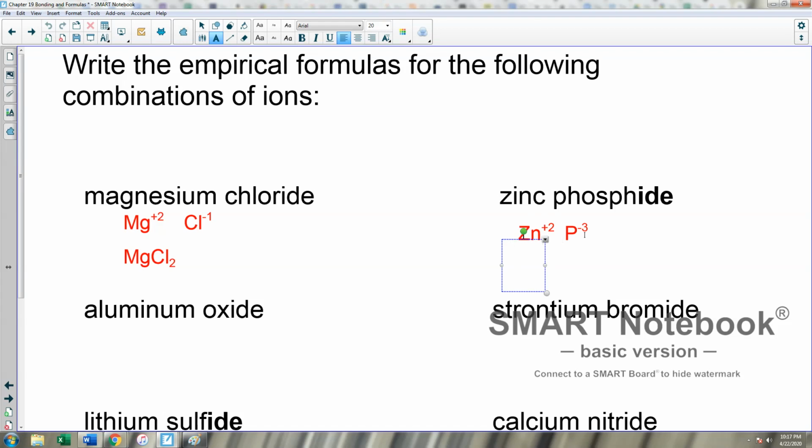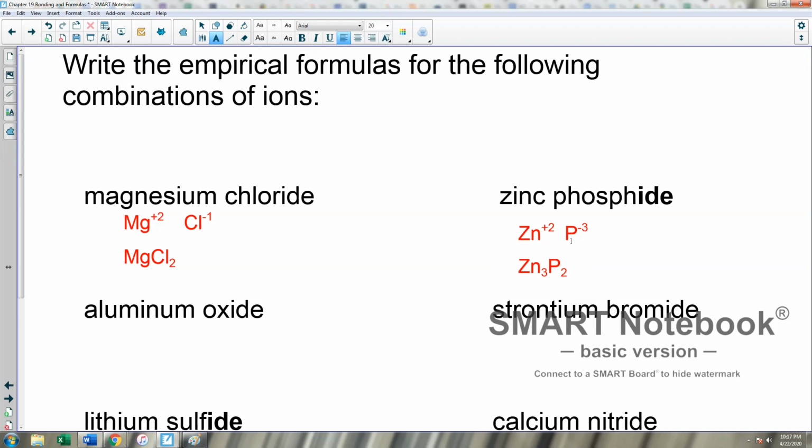Maybe I could do 3 zincs and 2 phosphoruses. So that way +2 times 3 would give me +6. So I could do Zn with a subscript of 3 there, and I could do phosphorus with a subscript of 2.